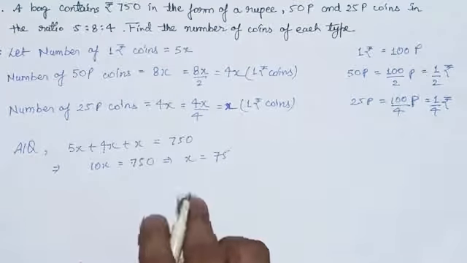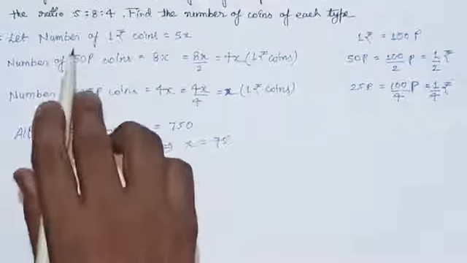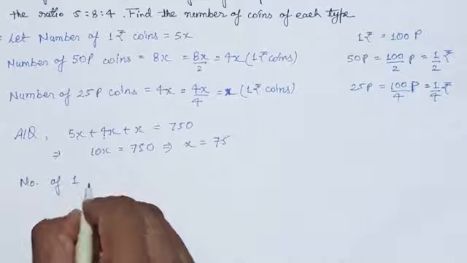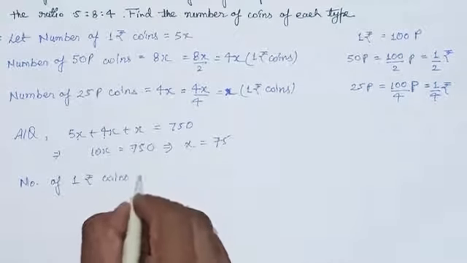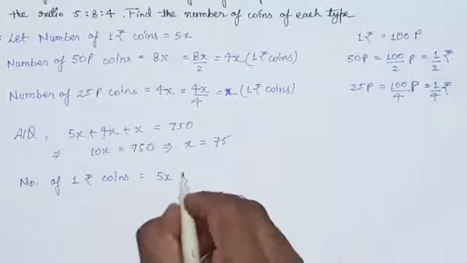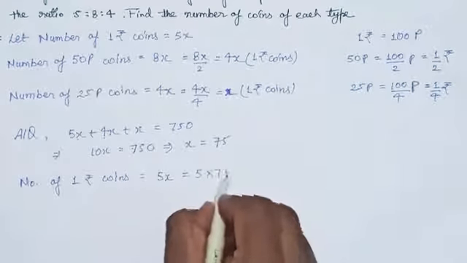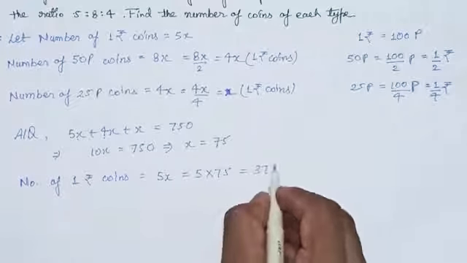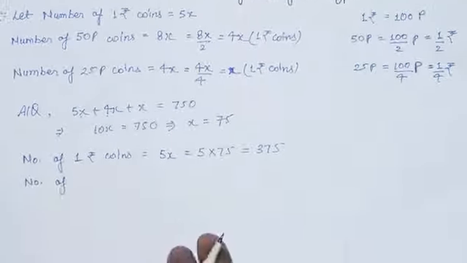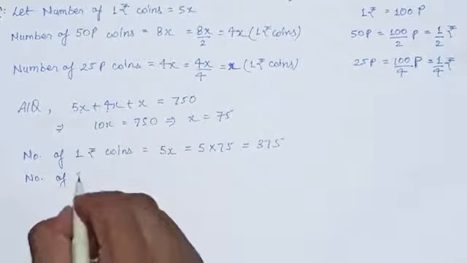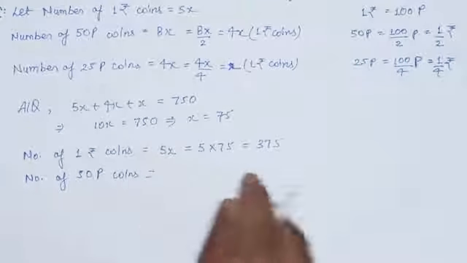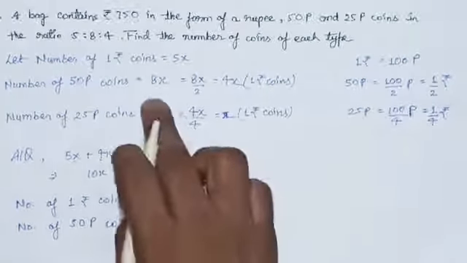So if x equals 75, then it means the number of 1 rupee coins is equal to 5x. So it is equal to 5 into 75, that is 375. Number of 50 paise coins is equal to 8x.